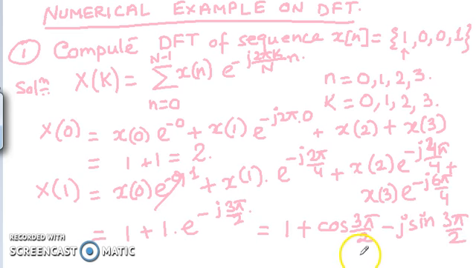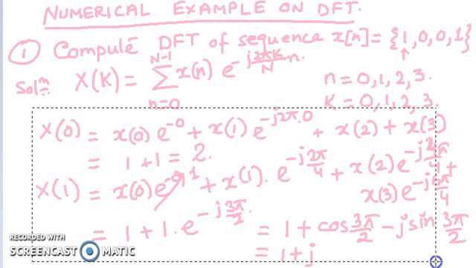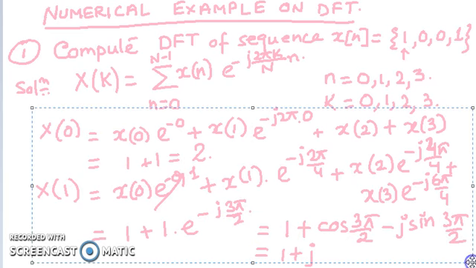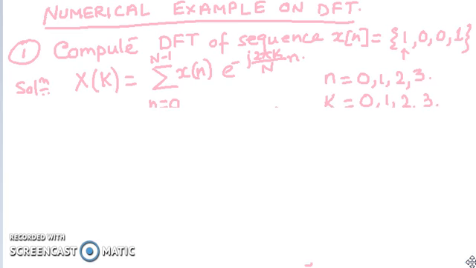If you compute, you will find it is equal to 1 plus j. Next, in similar fashion, we are going to get X2 as well as X3. Now I am deleting this part because I need more space. We have computed X0 and X1, then we are going to compute X2 and X3.